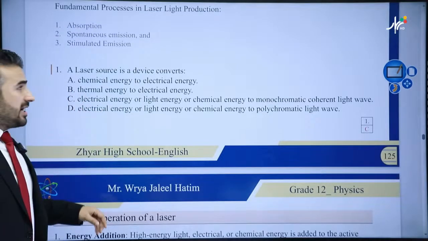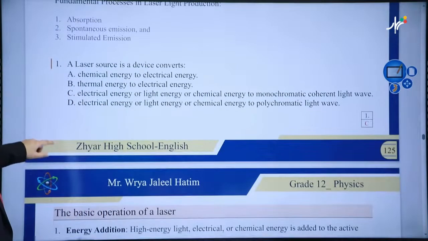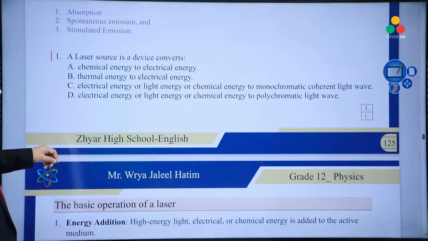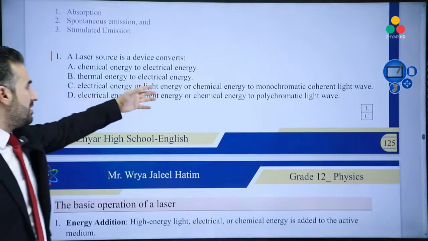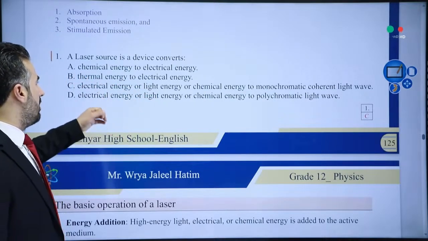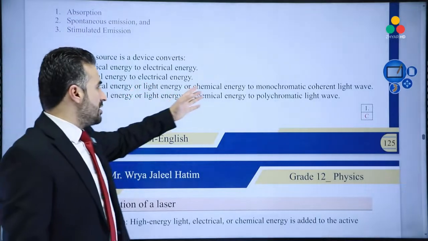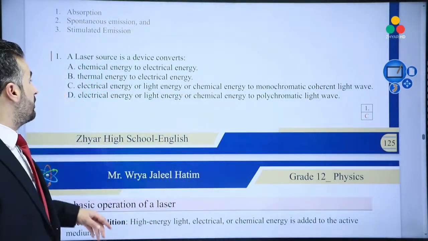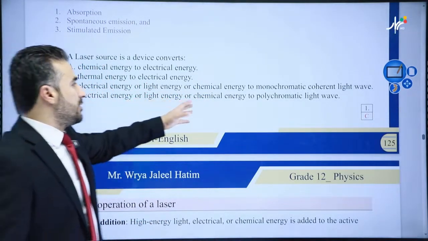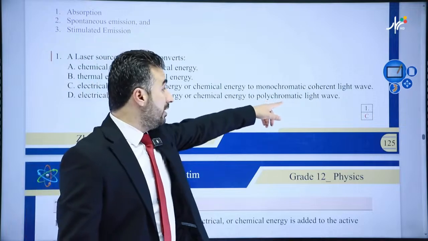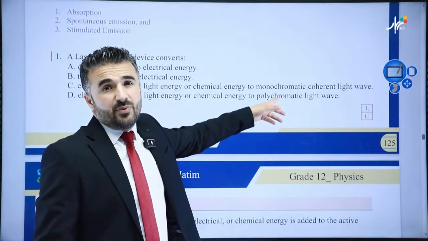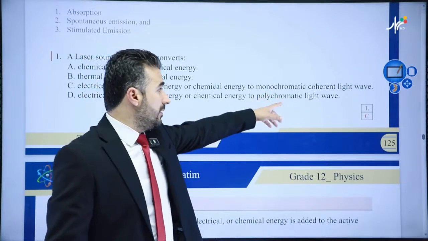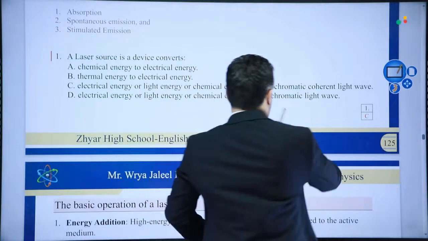So one of the Zhyar questions that we have says, a laser, all right, it is a device that converts what? Converts chemical energy to electrical, thermal to electrical, electrical energy or light energy or chemical energy to a monochromatic coherent light wave, or electrical energy, light energy, or chemical energy to polychromatic. Poly, we said, means a bunch, yeah? Like a bunch of colors of light wave, it's not a single color, yeah?